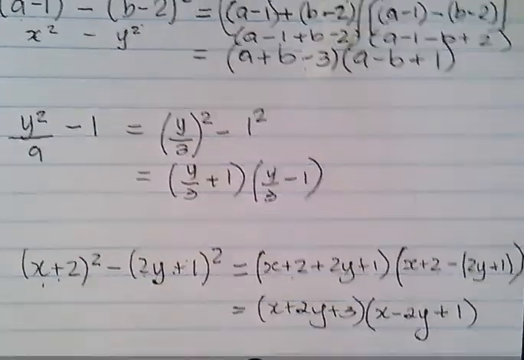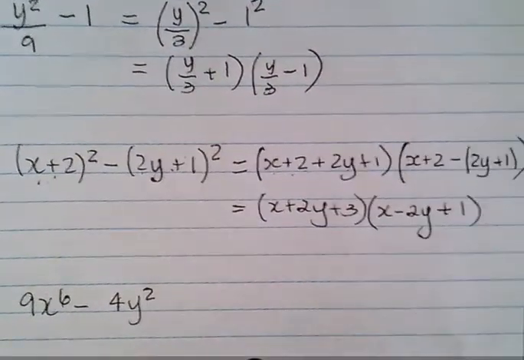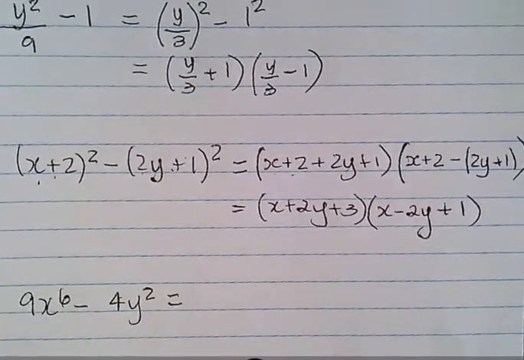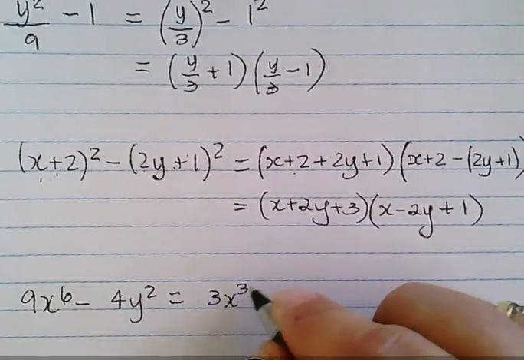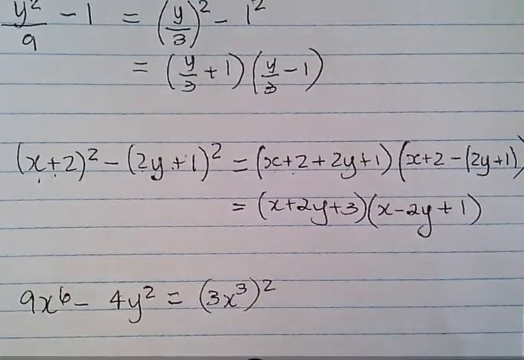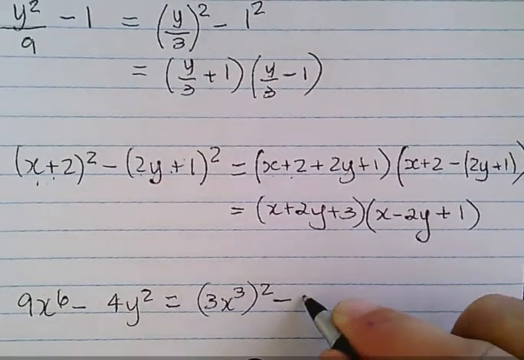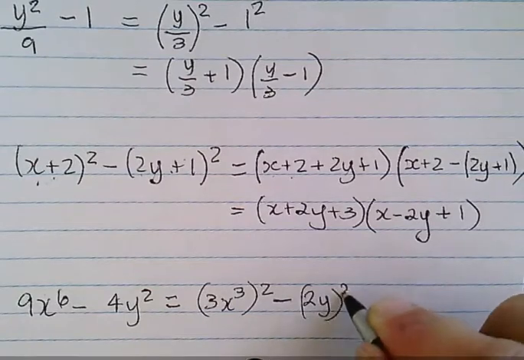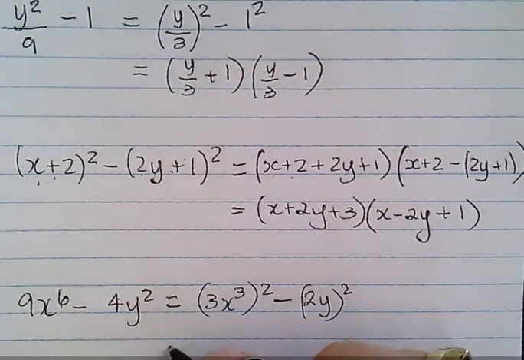All right, now just the last one, be careful. It's meant to be a difference of 2 squares. How are you going to write the first one? Well, (3x cubed) squared minus, what? (2y) squared. Okay, so it'll be 3x, and just double check that is 9x to the 6, yes.